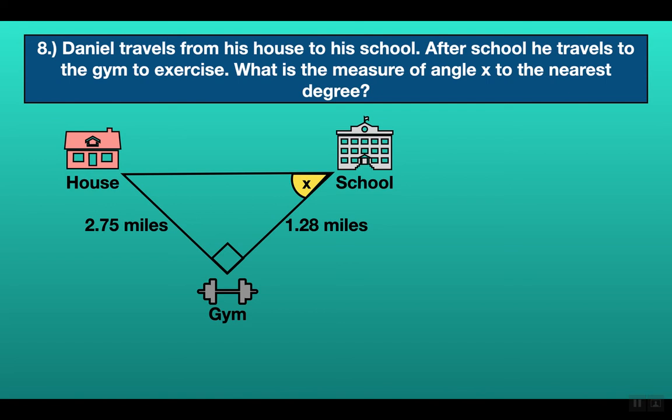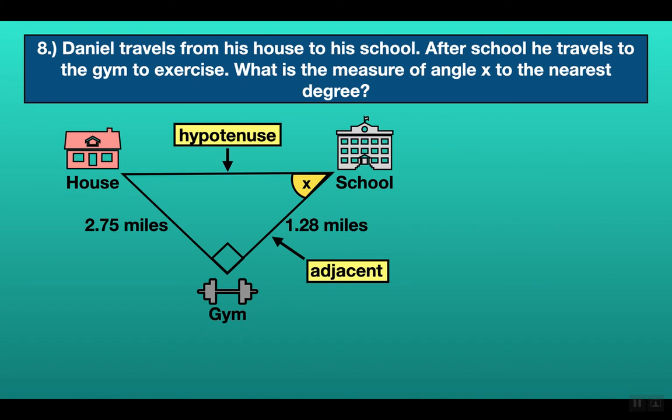All right, so here we go. First, let's identify the different sides. There's the hypotenuse. Again, the hypotenuse is always the side opposite the 90-degree angle. Now, from the point of view of the angle that we're trying to find, which is angle X, this is the adjacent side.